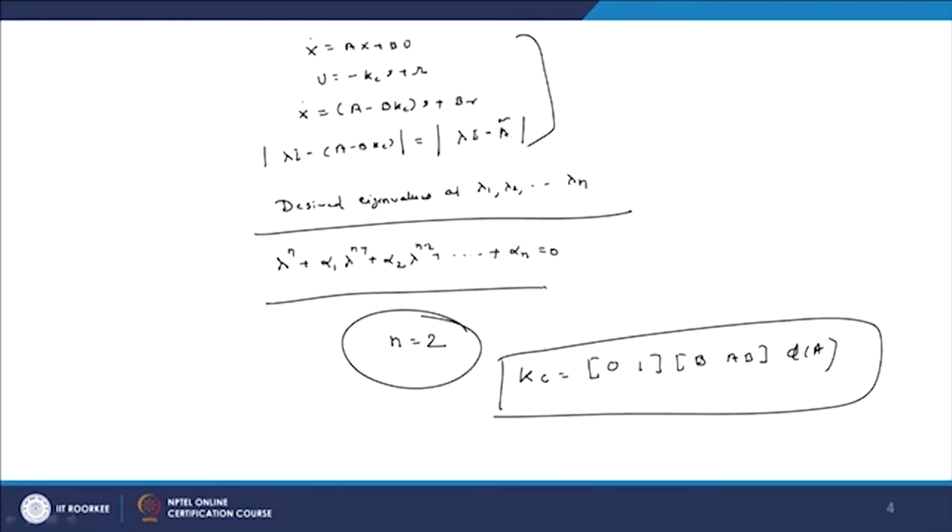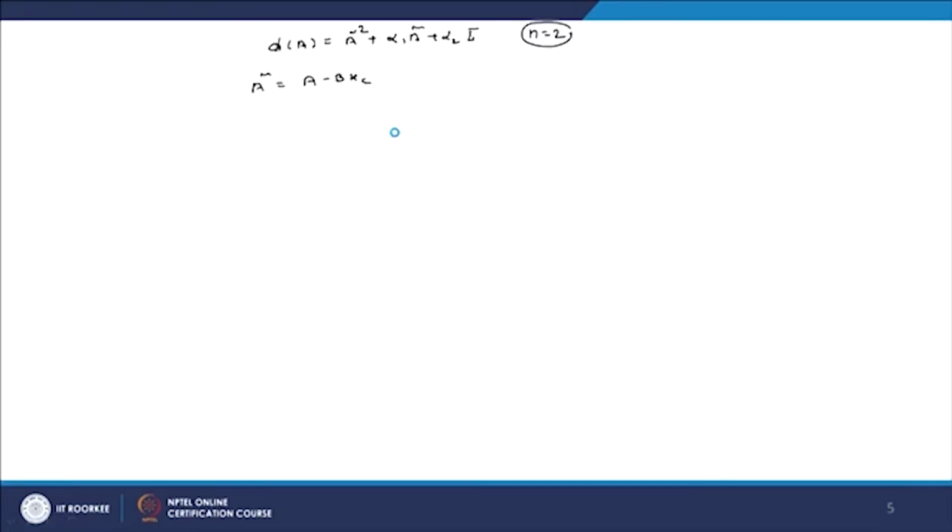Now this A bar is nothing but A minus B into Kc, but in the equation we require A bar square. So we can write this A bar square equal to A minus B Kc whole square. Now there is need to solve these equations.